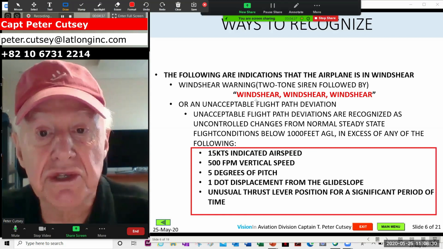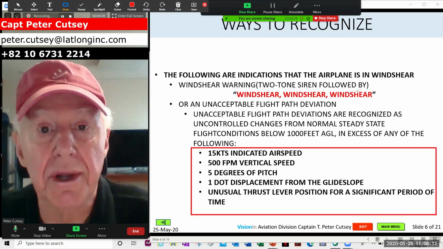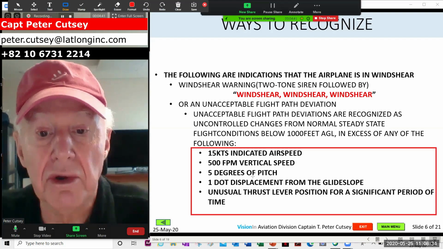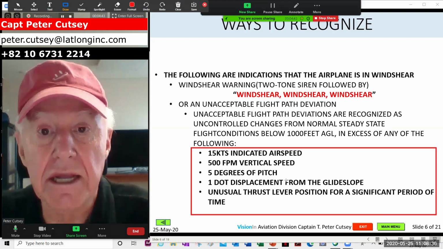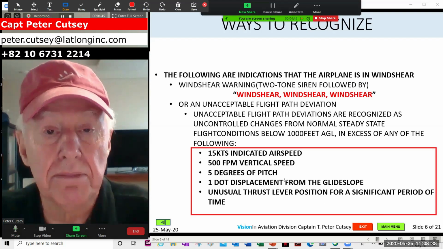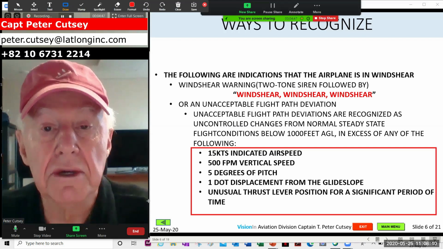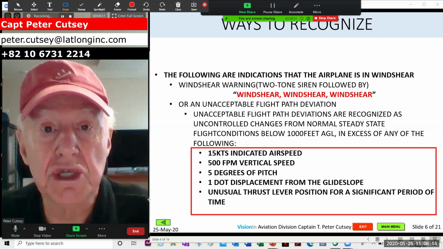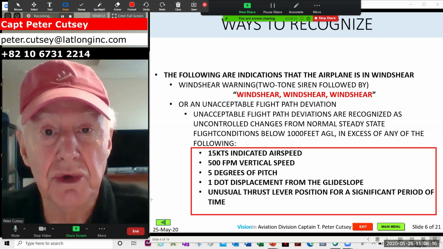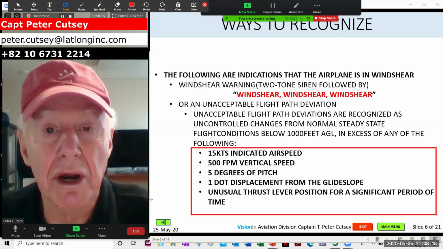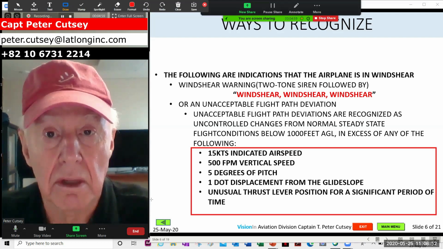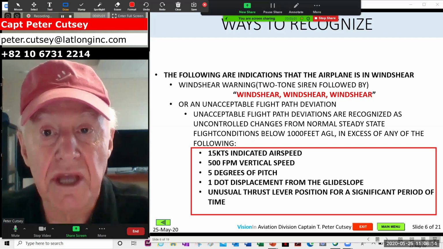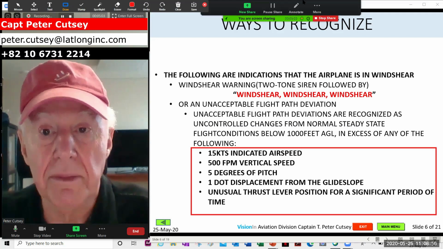What I'm saying is you don't wait for the "wind shear, wind shear, wind shear." If you are observing what I've highlighted here, then you begin the wind shear escape maneuver by calling "wind shear," which means to the pilot monitoring that you are going to conduct the wind shear escape maneuver. We'll discuss that in a few minutes.